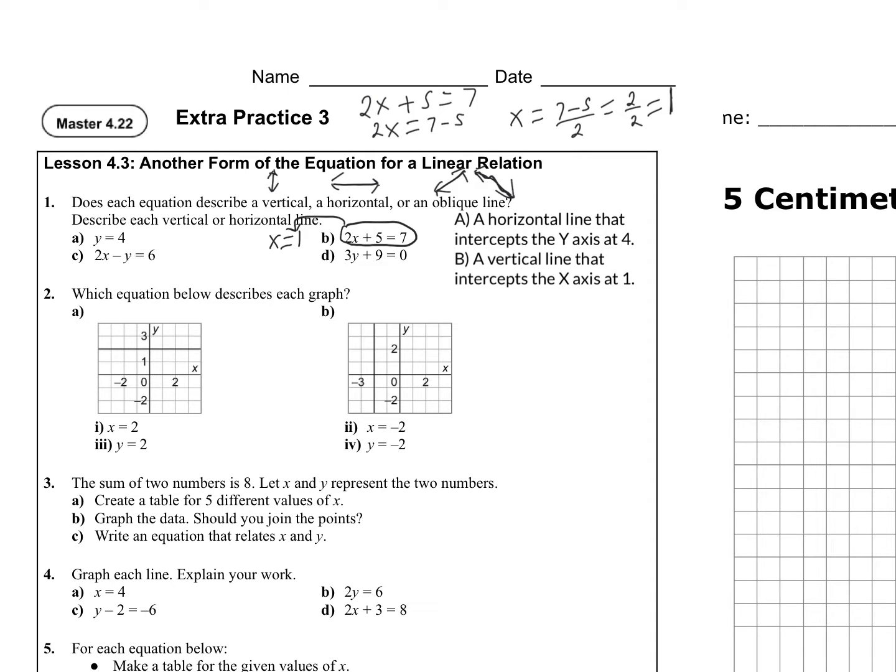Now in C, I have 2x take away y equals 6. So for C, I don't really need to describe this line because it's telling me that I only need to describe vertical and horizontal lines. And because I have both X and Y, that tells me it's going to be an oblique line.